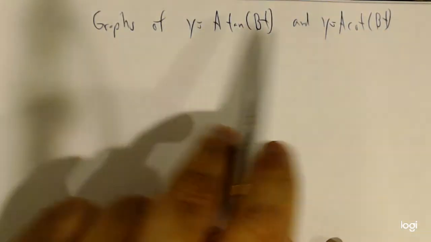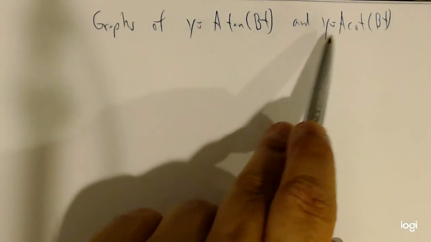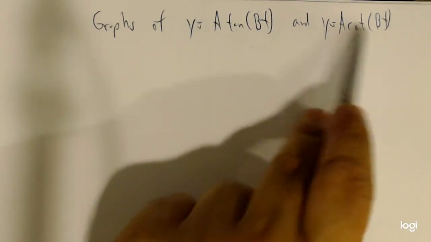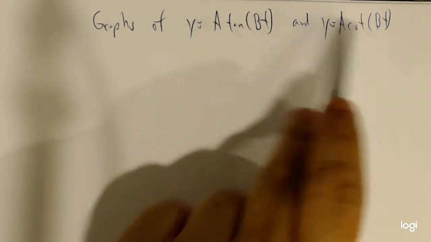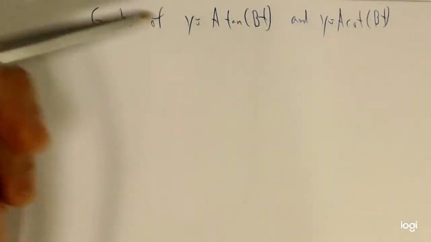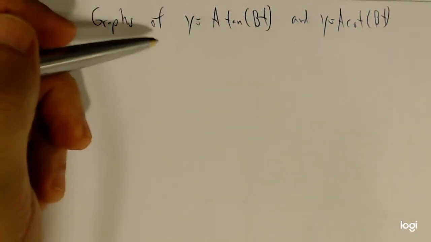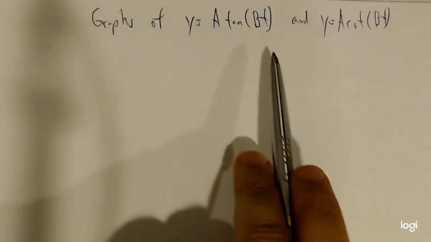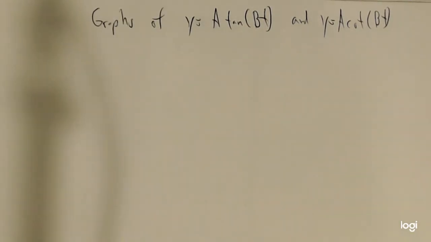So now let's talk about the graphs of y equals a tangent of bt and y equals a cotangent of bt. Once again, a is saying we're going to multiply to the y values. This b, what are we doing? We're going to be dividing by b to all of our x values. Unfortunately tangent and cotangent don't have the same key values of sine and cosine.